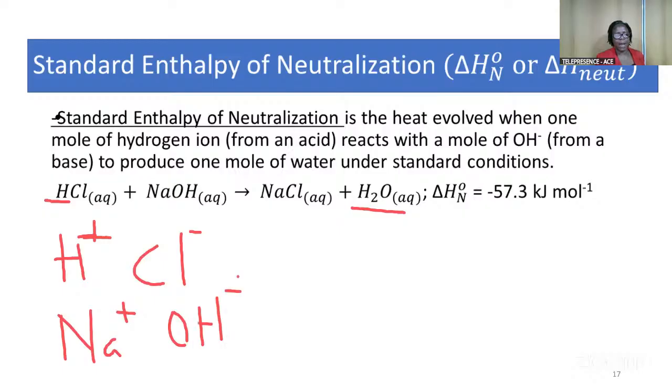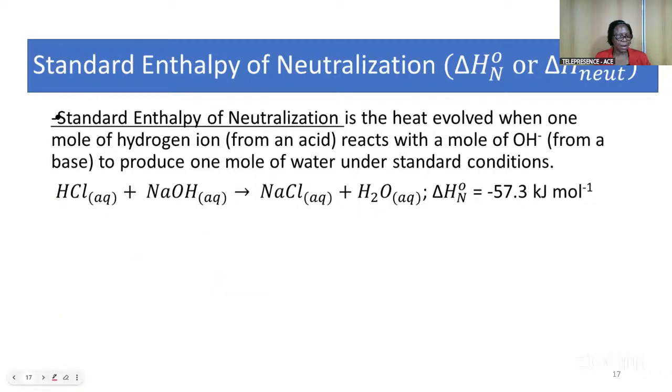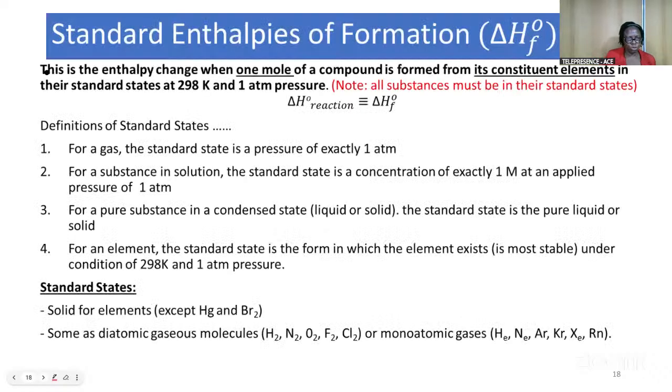So what combines in the process is the hydrogen ion and the hydroxyl ion to give you 1 mole of water. So bear in mind, it has to be 1 mole of water. And so the standard enthalpy of neutralization is minus 57.3 kilojoule per mole. So when you carry out your experiment, that is the value to use.